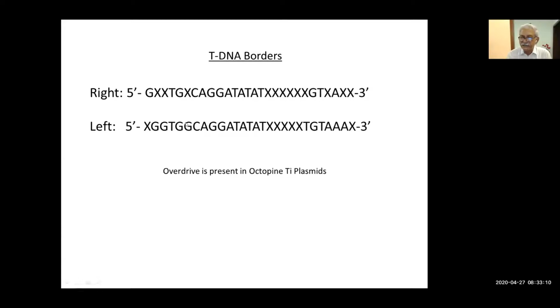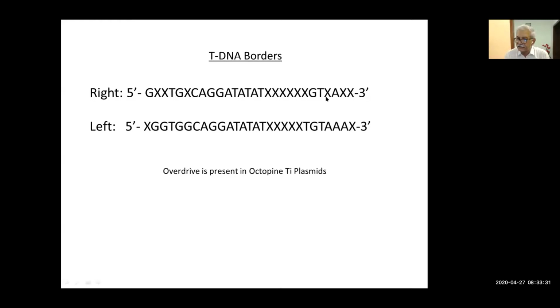Okay, this is quite identical kind of sequence. Then there is a match here at G, and there's T, and an A here. But all these X's represent N's, nucleotides. They may be any nucleotide.